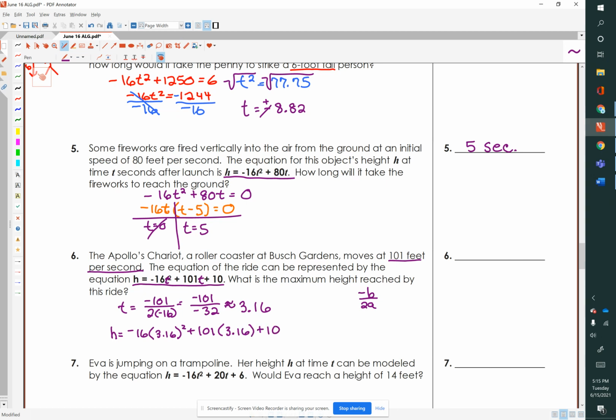Use a good calculator. And when you do that to 2 decimal points, that is approximately 169.39 feet. The maximum height reached by that roller coaster is 169.39 feet.